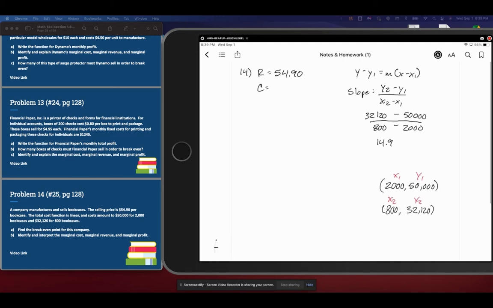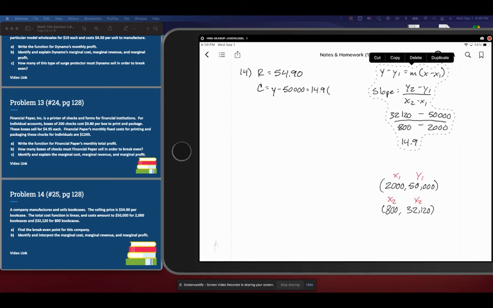And so our cost function can be written as y minus our y1, which is 50,000, is equal to our slope, which is 14.9 times, and I need to move some stuff around here a little bit to give myself some more room. That was pretty sick right there, wasn't it? Okay.